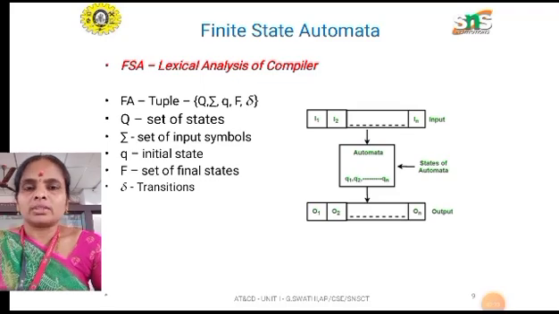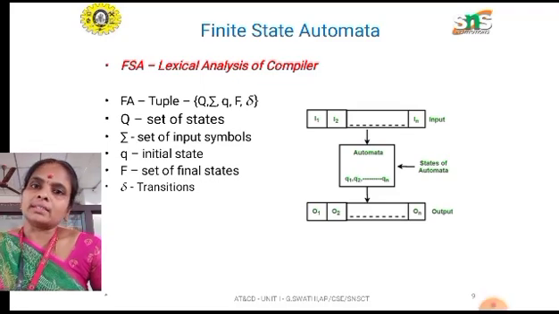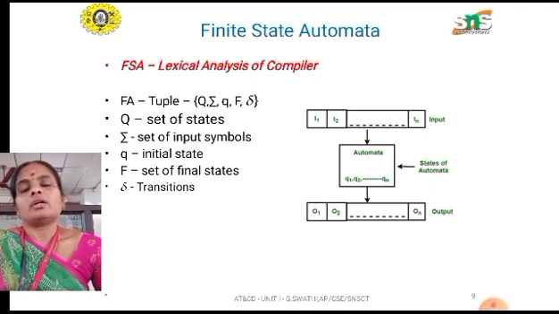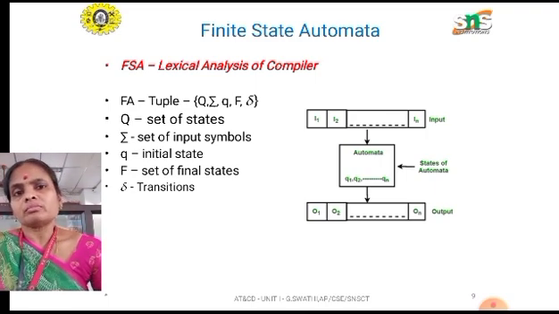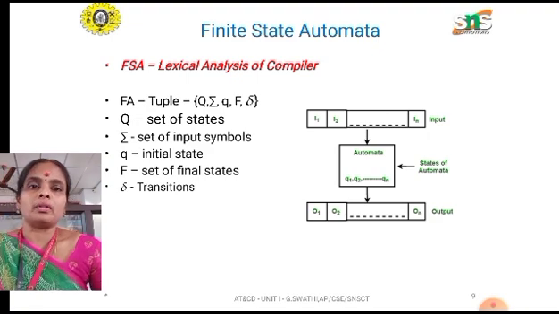So here comes the finite state automata. The finite state automata is very basic and important for the lexical analyzer of the compiler, which is the first phase of the compilation. Using the formal definition, this finite automata can be defined as a tuple that consists of 5 symbols. The first one is Q, which is called the set of states.